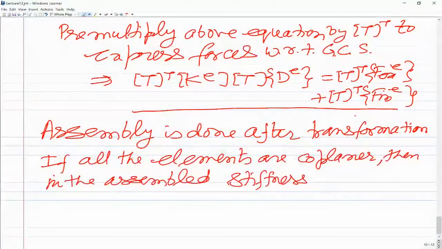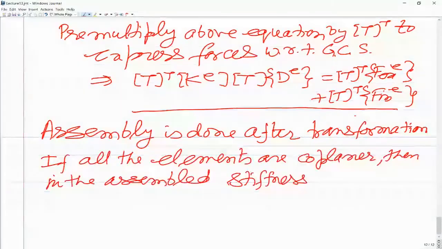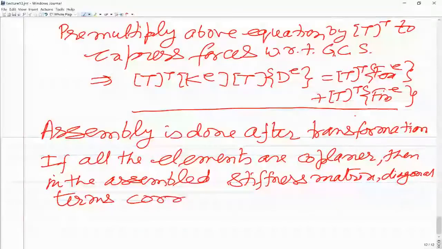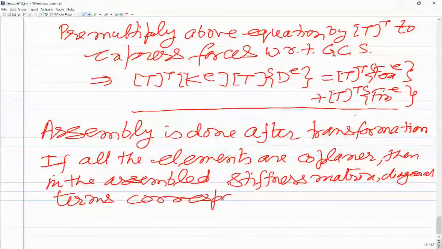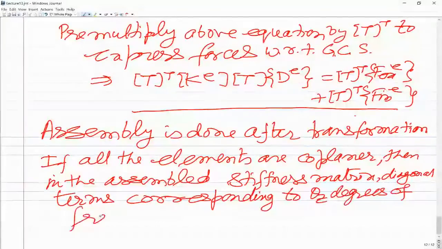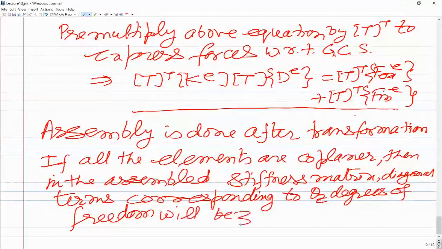So if all the elements are coplanar, then in the assembled stiffness matrix, diagonal terms corresponding to theta z degrees of freedom will be 0, the diagonal elements. So this will make the stiffness matrix singular even after imposing the boundary condition.